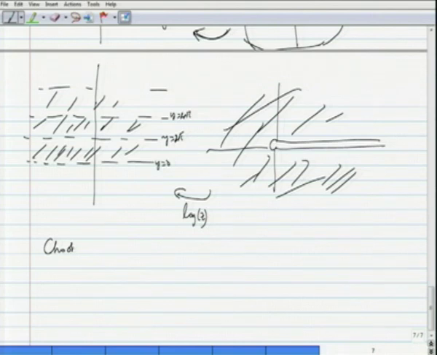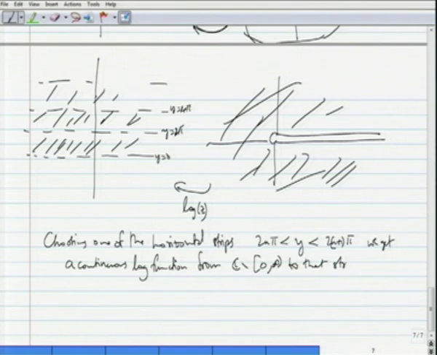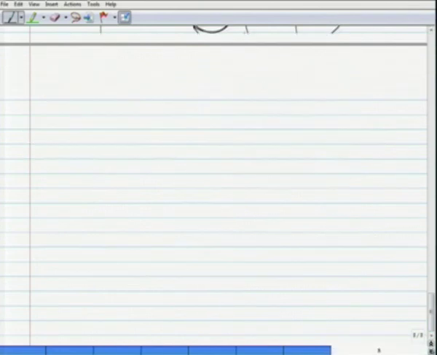So, choosing one of the horizontal strips, 2n pi less than y strictly less than 2n plus 1 pi, we get a continuous log function from c minus 0 infinity to that strip.